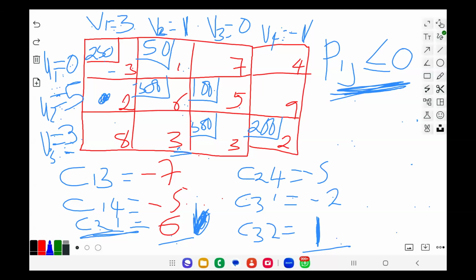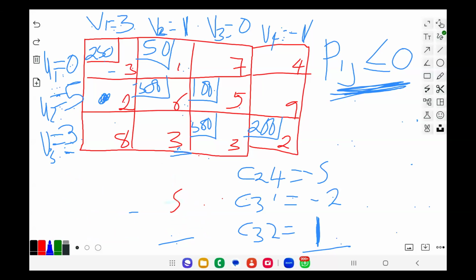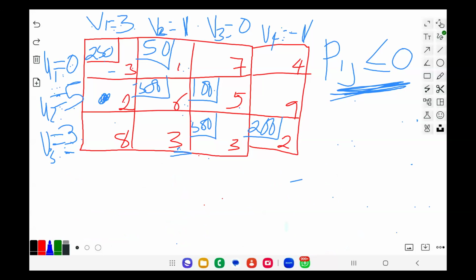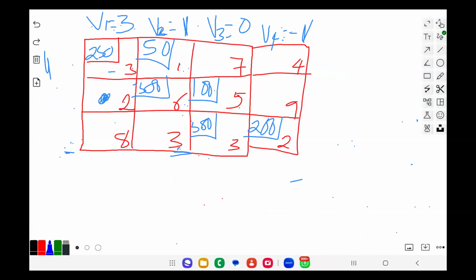Okay. So when you identify the cell now, listen, you need to draw a closed loop. A closed loop. But how do you calculate the closed loop? It's more like we are starting afresh.